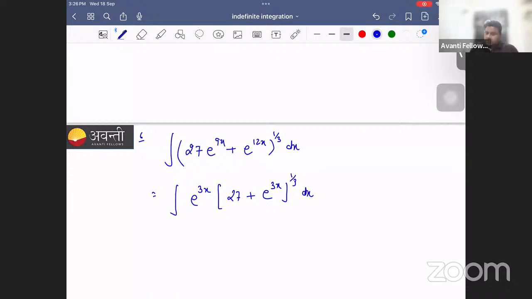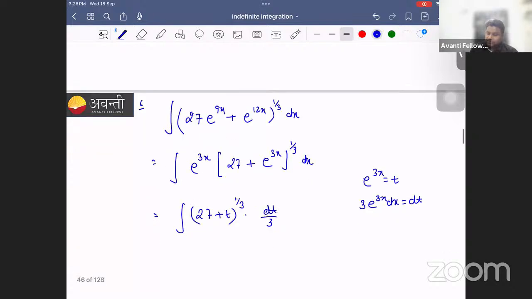So now you can substitute, like if you assume e to the power 3x as t. So 3 e to the power 3x dx will come as dt. So it will be 27 plus t to the power 1 by 3 into e to the power 3x dx will be dt upon 3.